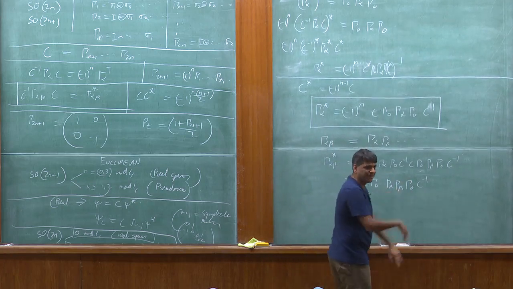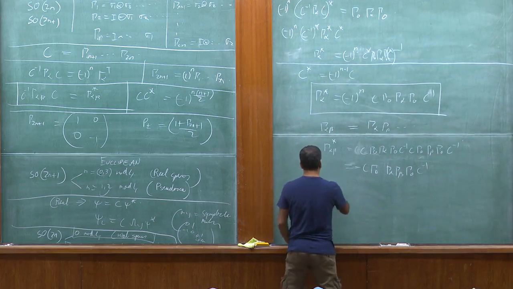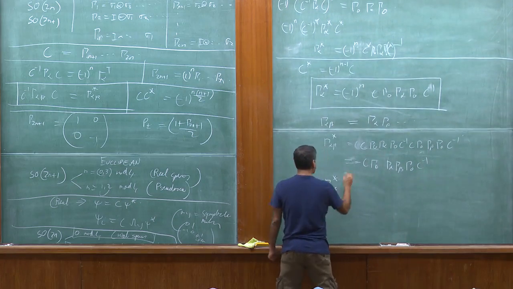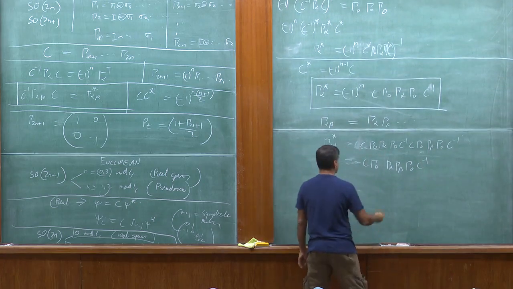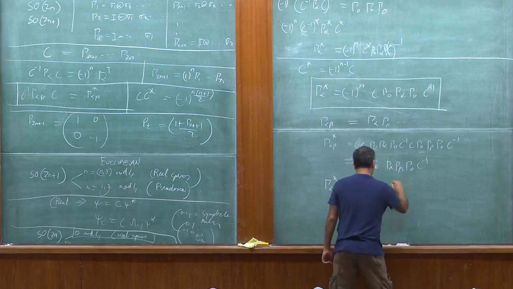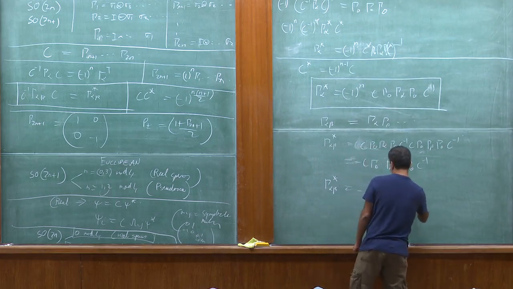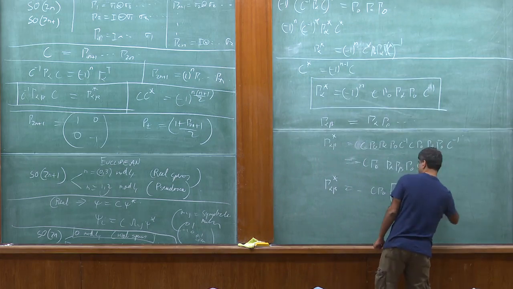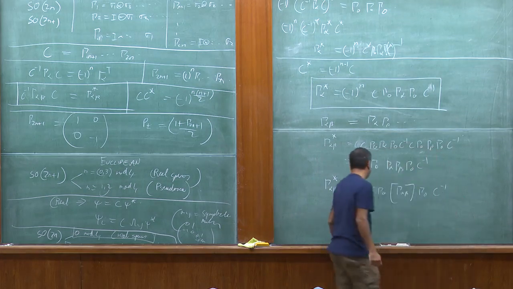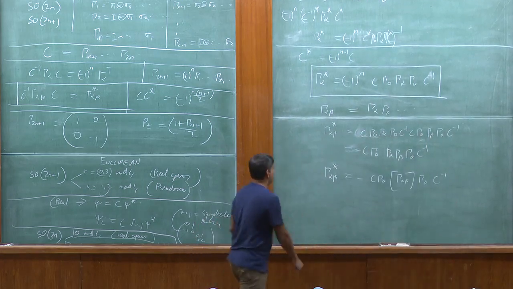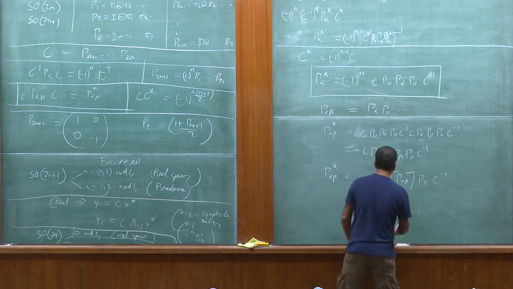Algebra doesn't care about alpha, beta. And so we have gamma alpha beta star is equal to minus C gamma 0 gamma alpha beta gamma 0 C inverse.